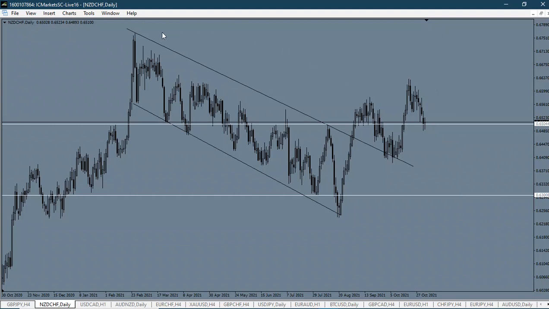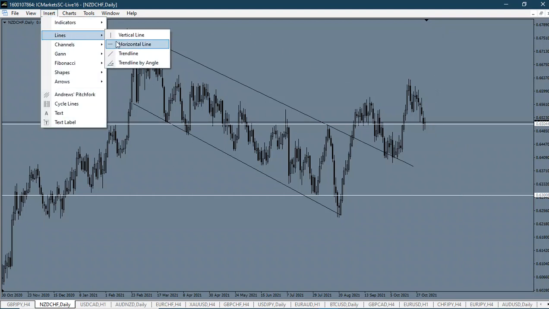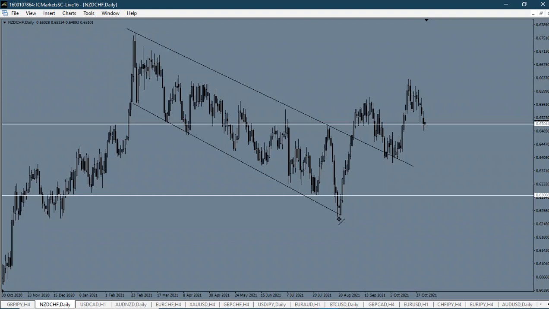What else do we see? When you connect these three points right here, our higher lows, this is our first touch, our second touch right here, and we can see price is currently on our third touch.